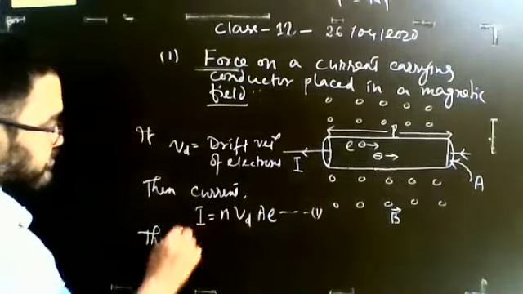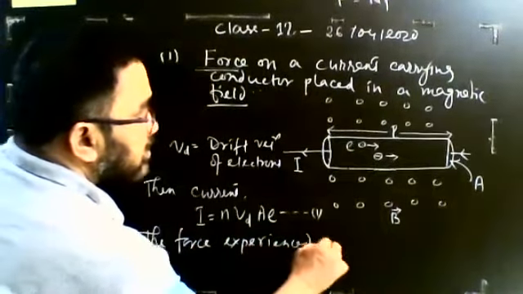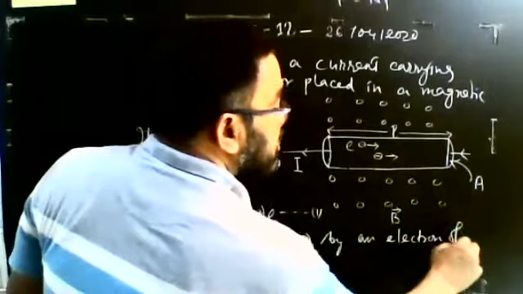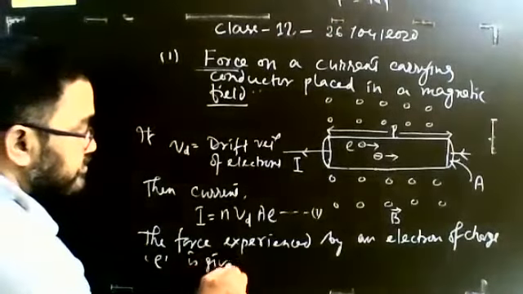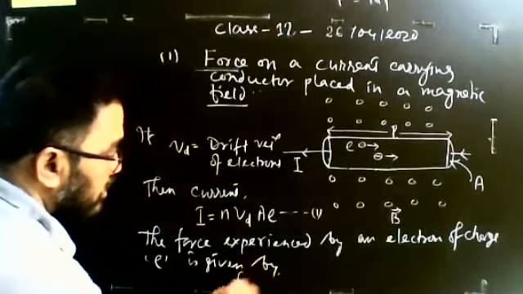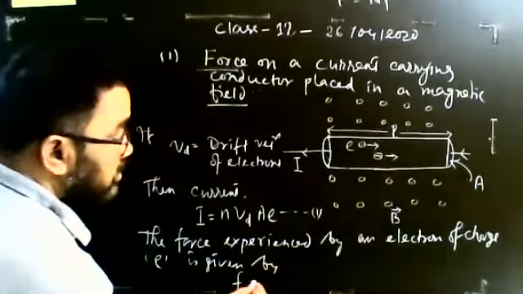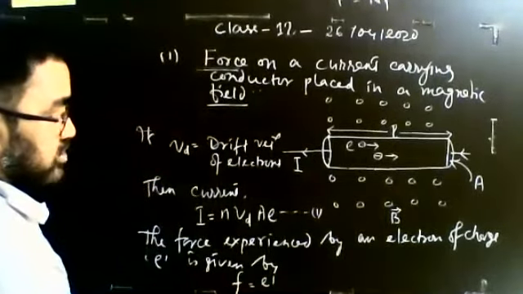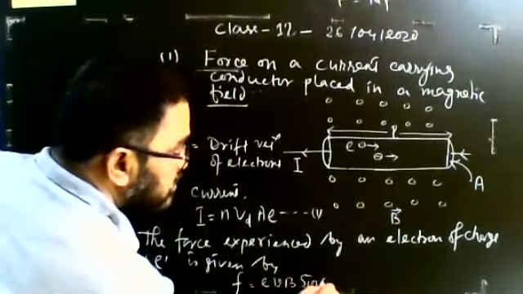The force experienced by an electron of charge e is given by the magnitude of the force, F = e v B sin theta, equation number 2.